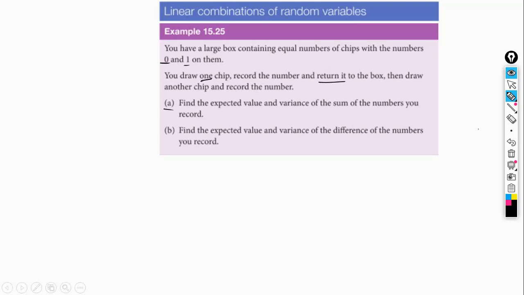Part A. Find the expected value and variance of the sum of the numbers you record. So for part A, they want us to find the variance and the expected value of the sum of the numbers recorded. So we can refer to this as z, which is dependent on x plus y.